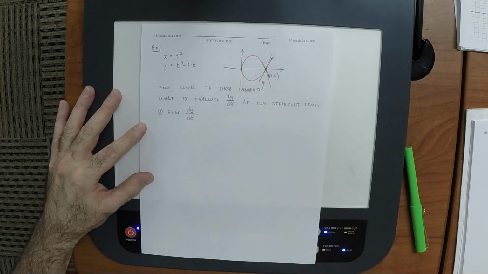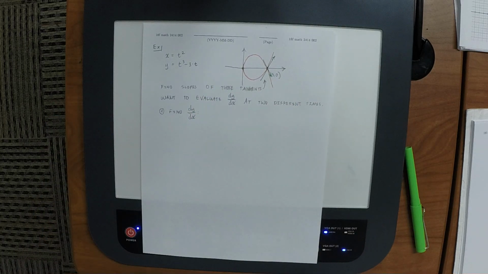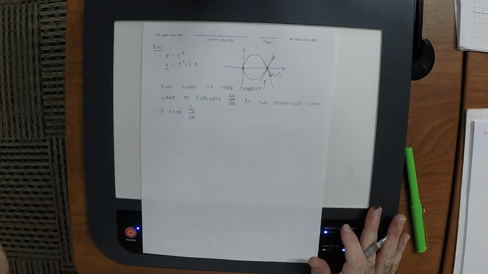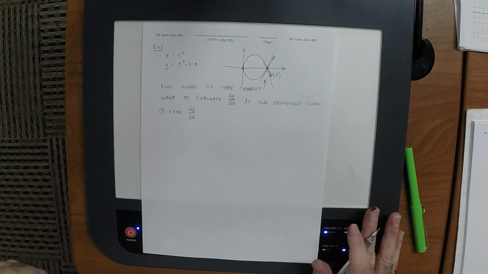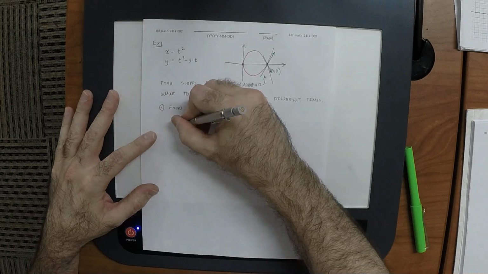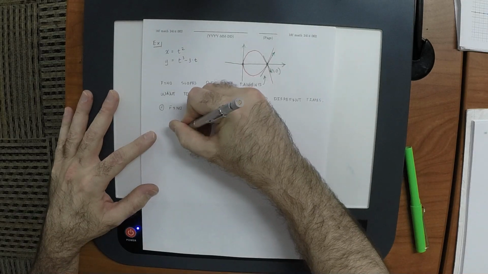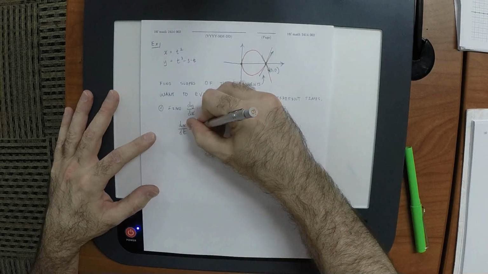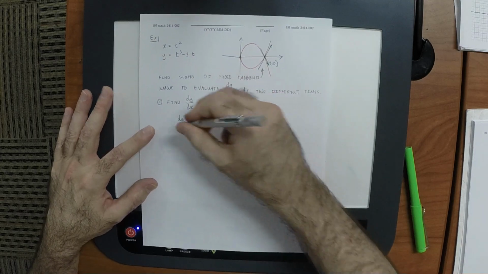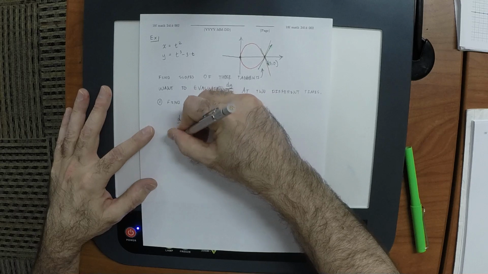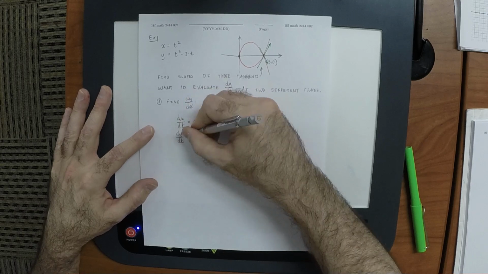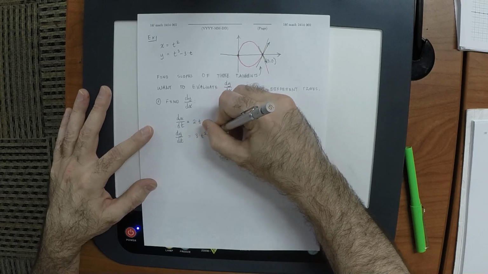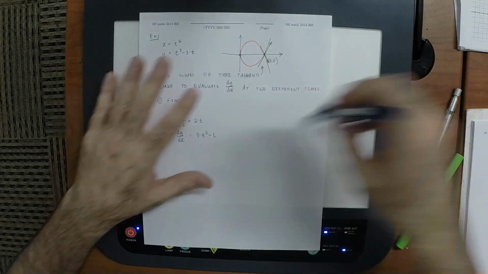Well, as we wrote on the previous page, according to the chain rule, we need to find the derivatives of each one of these with respect to t. So dx/dt would be what? 2t. And dy/dt. Very good. Minus 3.